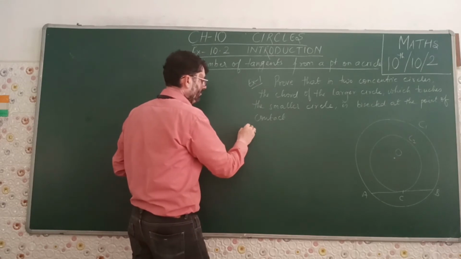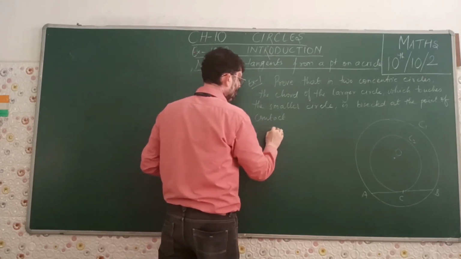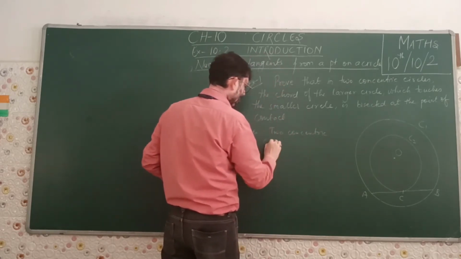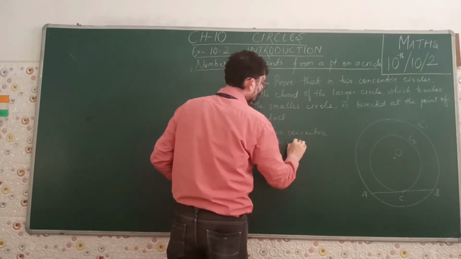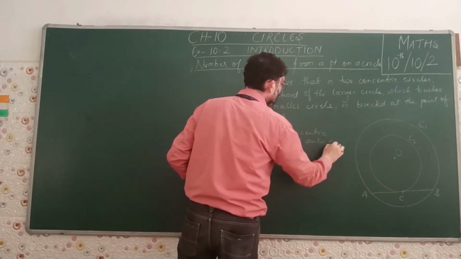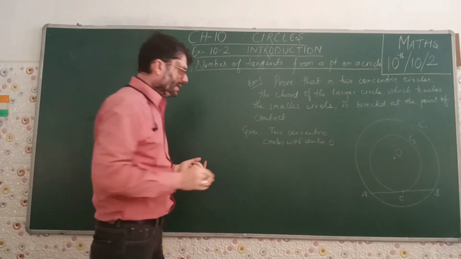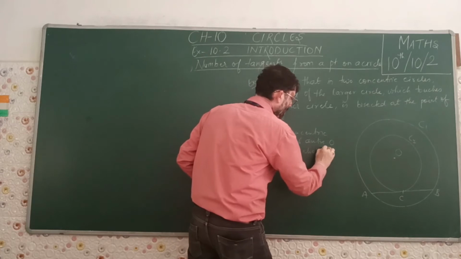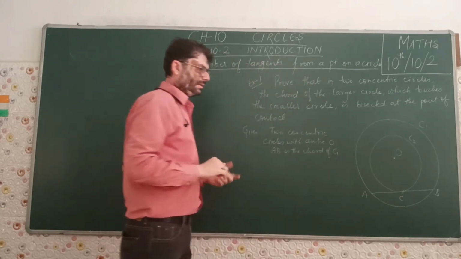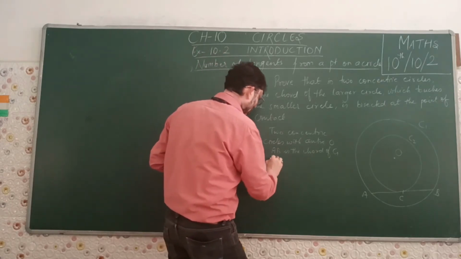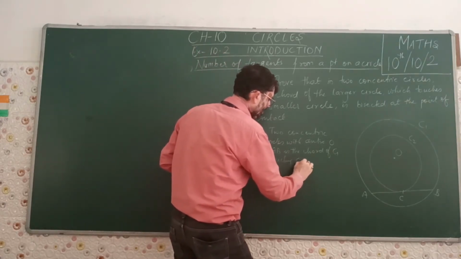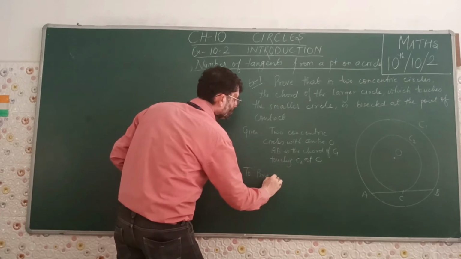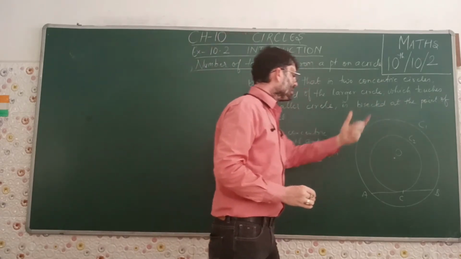So let us start. We are given two concentric circles with common center O. AB is the chord of C1, that is the larger circle, touching C2 at C. What we need to prove is that the chord is bisected at the point of contact.